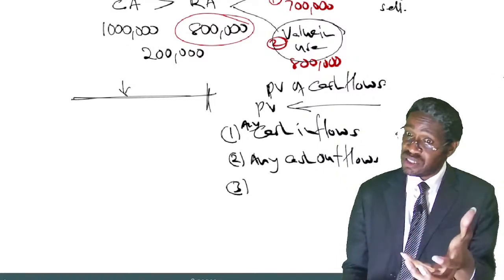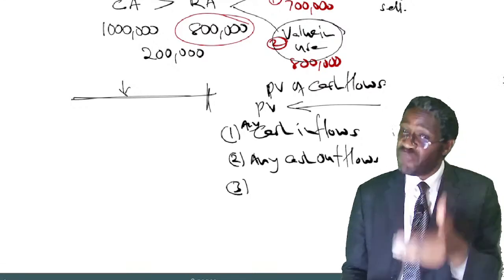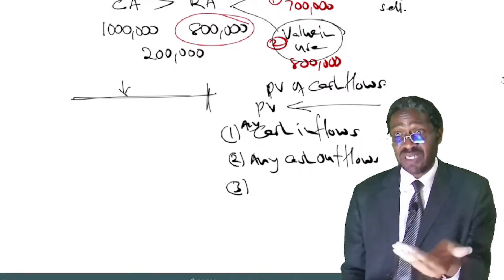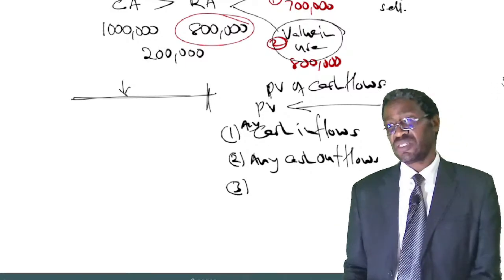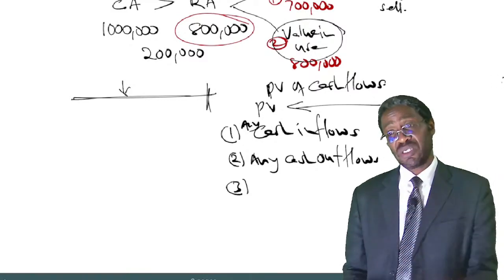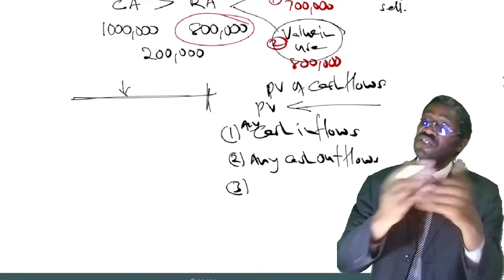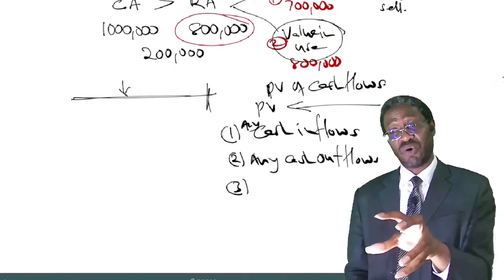In some cases, whenever you are disposing an asset, it may be that you as a company, you are the one going to spend money, not to receive. Maybe it's a machine that requires that you have to dismantle it for it to be disposed. And therefore, in the process of dismantling it so that you dispose it, you may incur some cost.